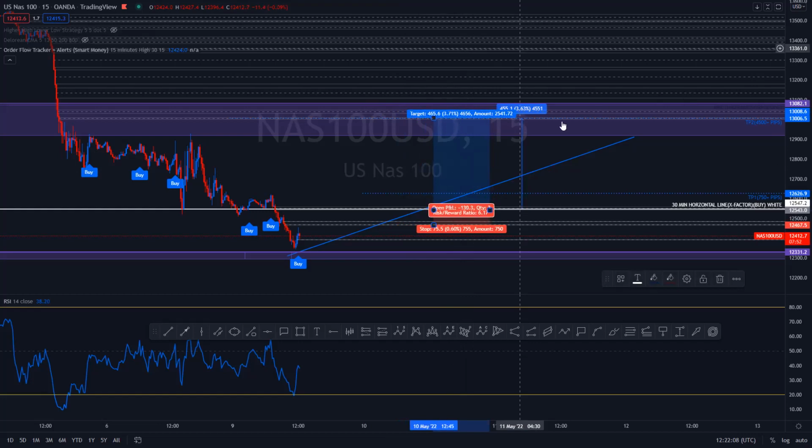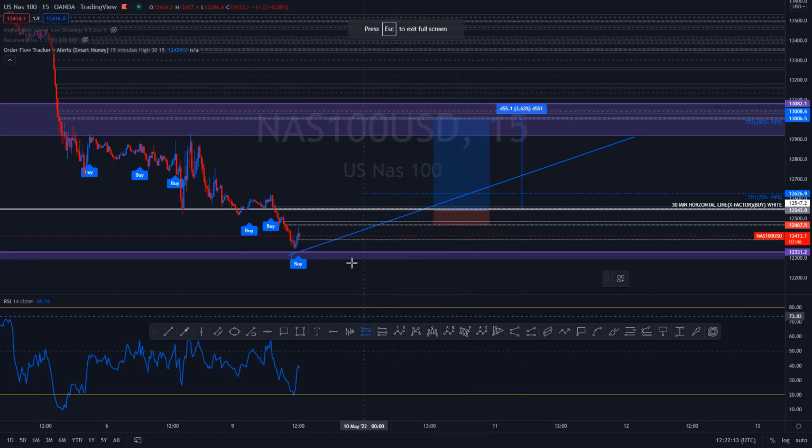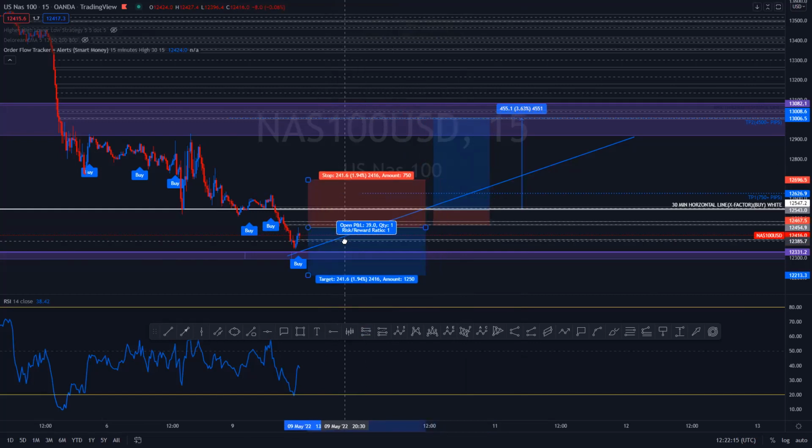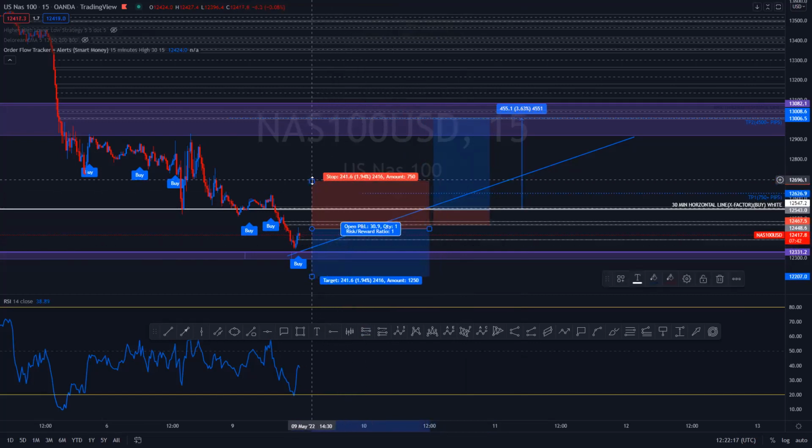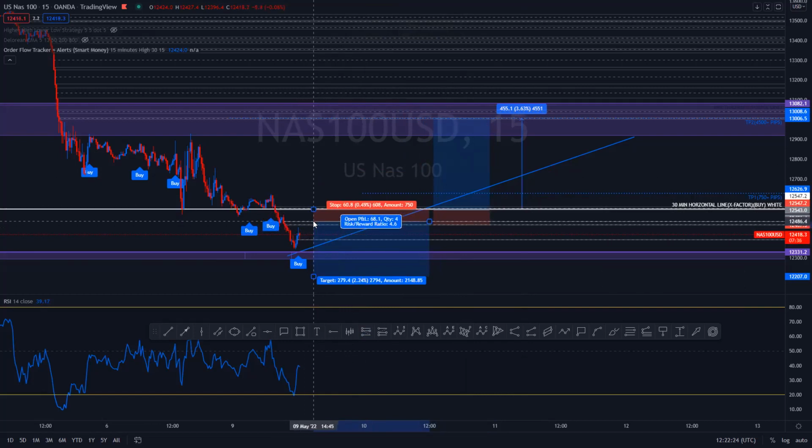Bear with me. All right. For the sell, I would have to see it hit up to here and then close below here and go down here. That's the only way I can really see that.